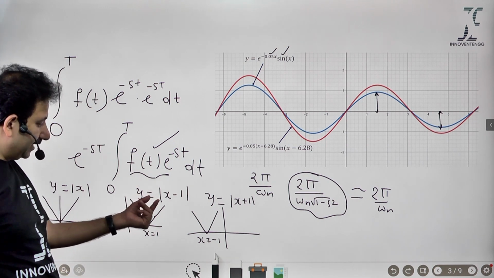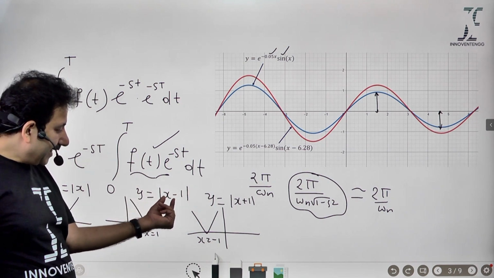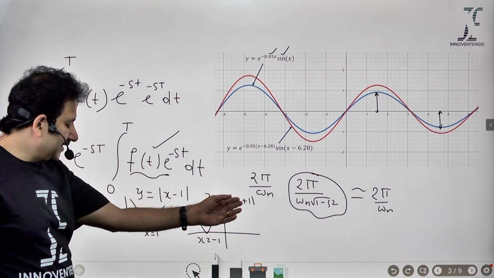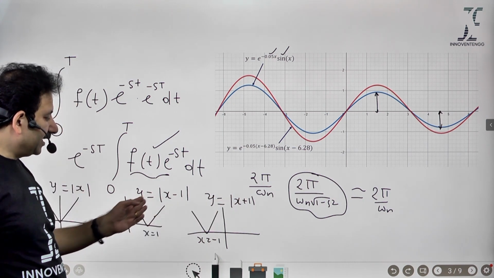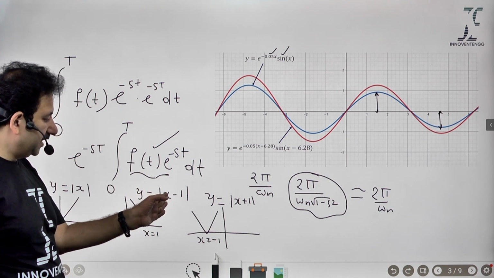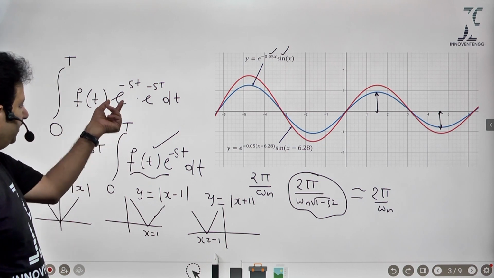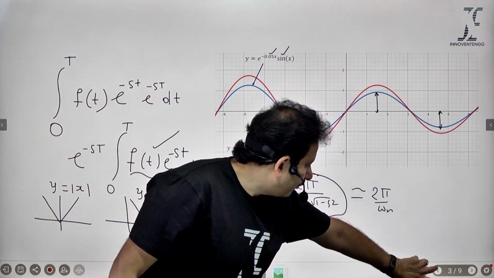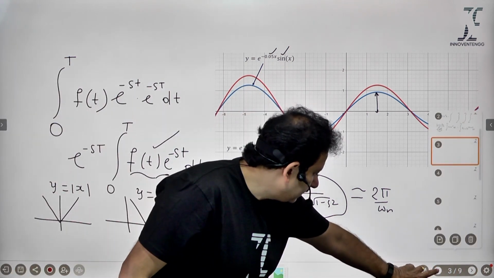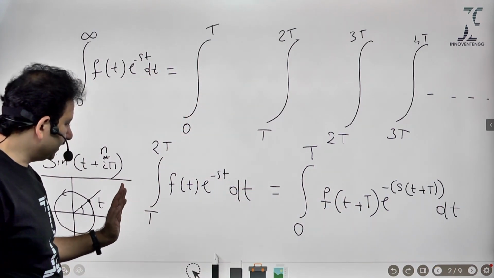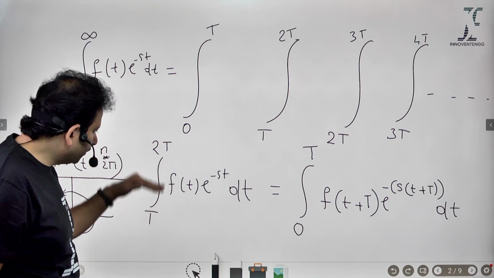So it is very clear that when you add to the independent variable, it gets shifted back. And when you subtract from the independent variable, it actually moves forward. And that's what we exactly did. If you see what we did here, we in fact added t so that it could be shifted back. It was from t to 2t.